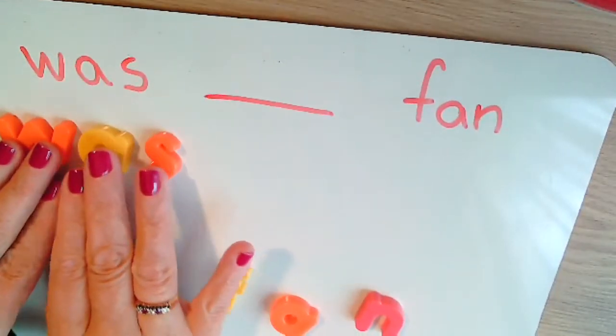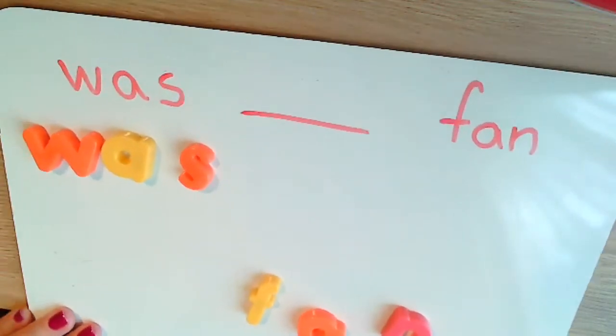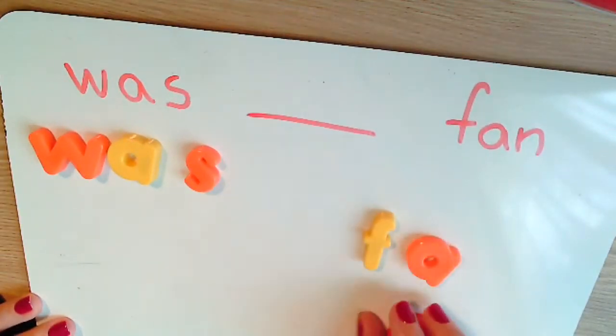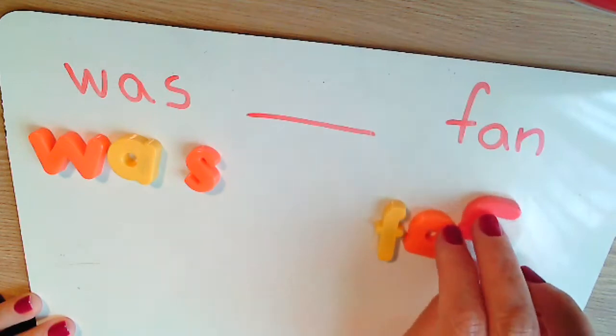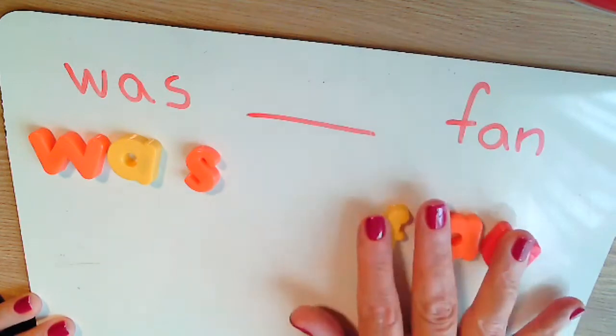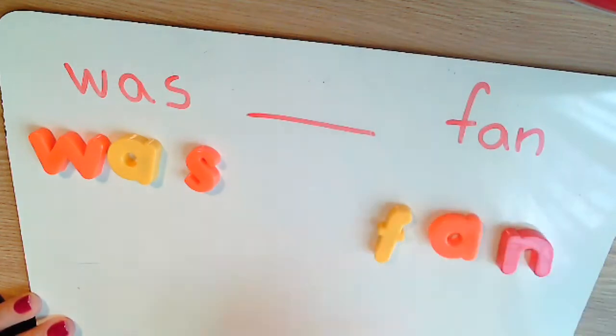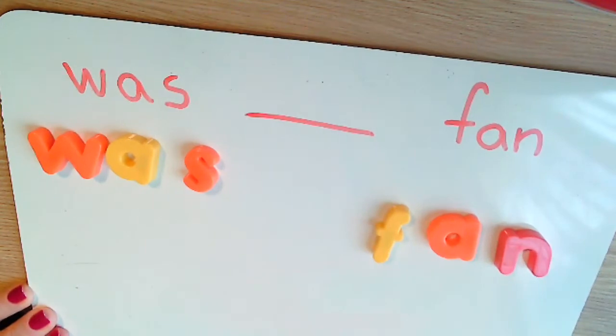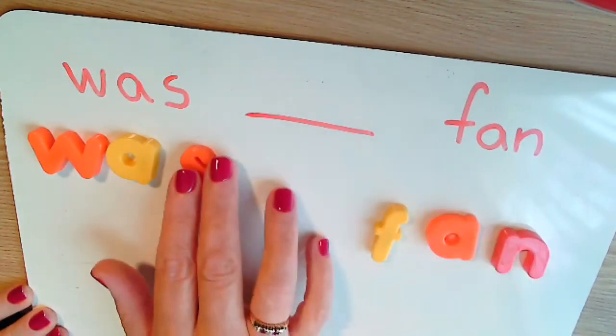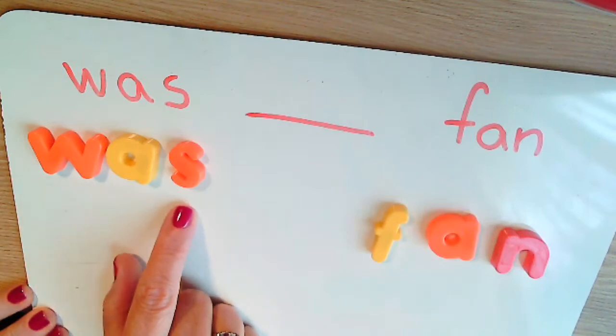So here we've got the letters for the first word, was. Okay, now we've also got the letters for the last word, because these are the only letters we're allowed to use. Okay, so we can get them out ready, and we don't need the rest of our alphabet. So we want to change this first word, was, to a new word, a word that exists.